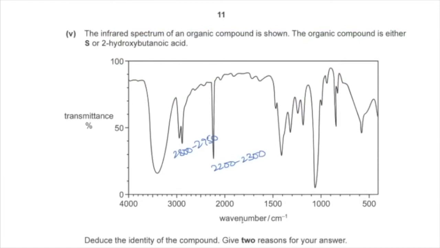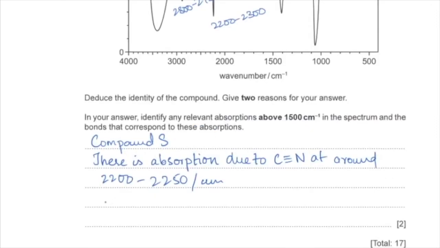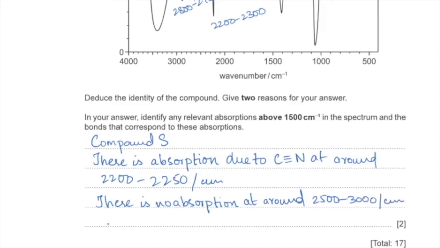So if it was 2-hydroxybutanoic acid, it should have got a strong peak at around 2500 to 3000 per centimeter. So there is no absorption at around 2500 to 3000 per centimeter, which is due to carboxylic acid group.